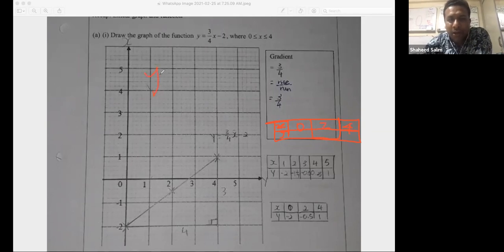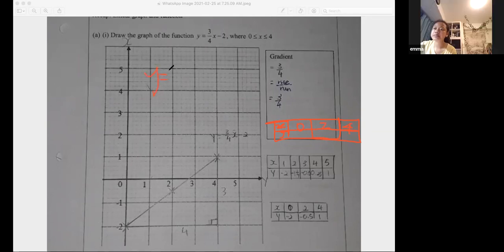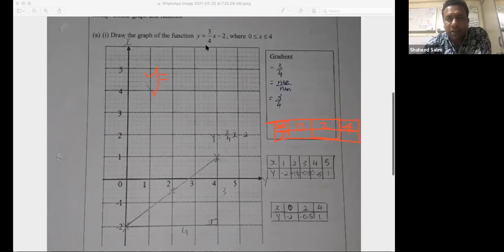What's the equation? y equals 3 over 4 x minus 2. Okay, now. So we write it down like that: 3 over 4 x. Now x, you can put it on top if you want to, or at the center. Minus 2. So now you put in the value.